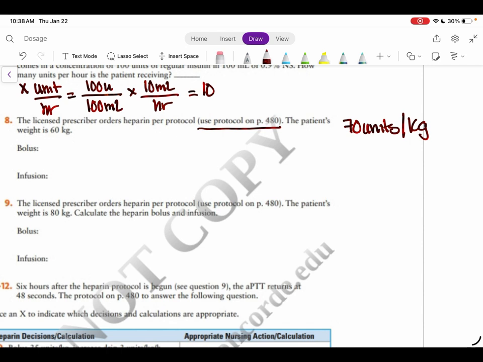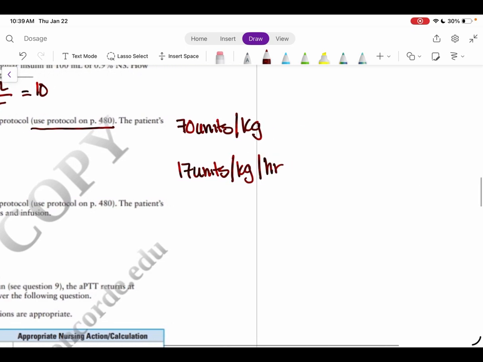And for a continuous infusion of heparin for a patient, you will do 17 units for every kilogram of their weight per hour, right? And your heparin is 25,000 units in 250 mLs. That's what your book says.